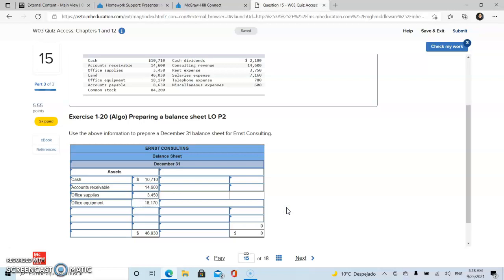Okay. And finally, we have land. Oops, right here. Okay. So this amount will be our total assets.